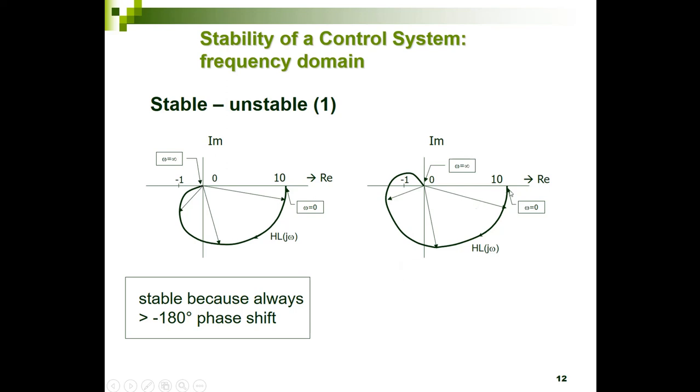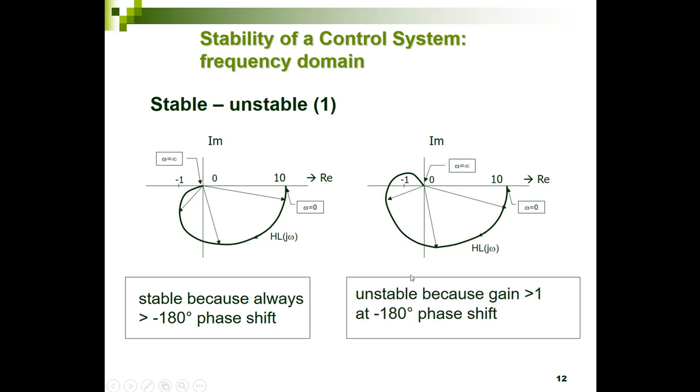Now let's look at this system. When we travel again on the Nyquist plot from omega is 0 to omega is infinity, we go to the origin over here, and we cross the -180 degrees line, but we see that the point -1 is to the right of the curve. So we know in that situation, because the point -1 is to the right of the curve, this system is unstable.